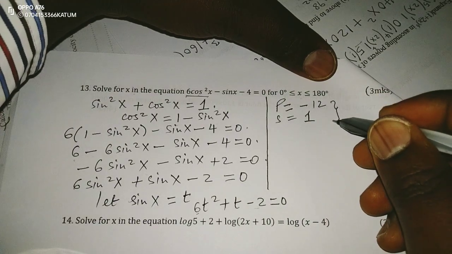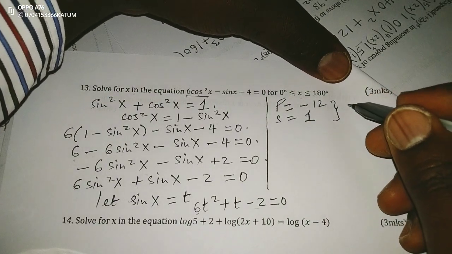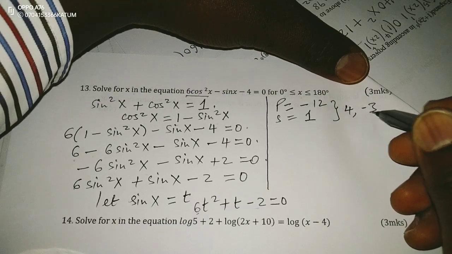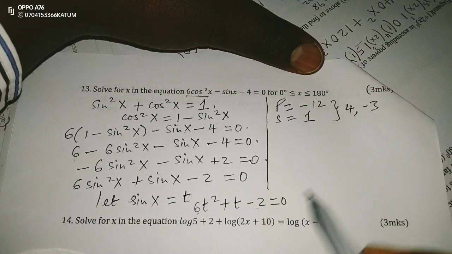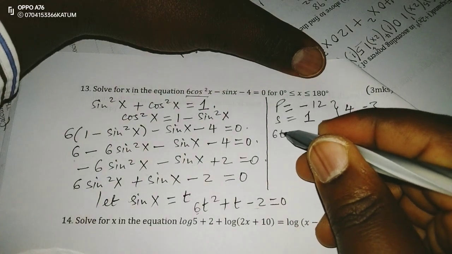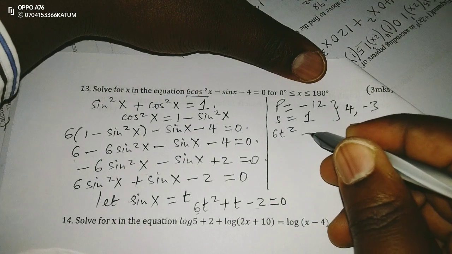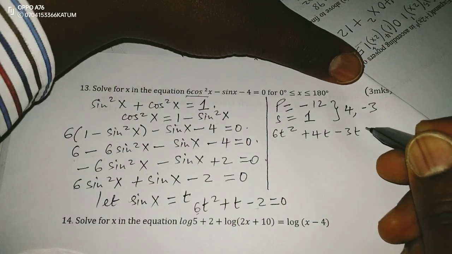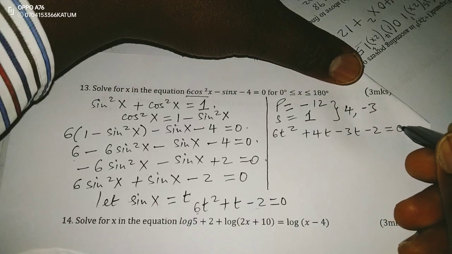Therefore, the two factors which when multiplied give us negative 12, and when added give positive 1, should be 4 and negative 3. So now we have 6t squared plus 4t minus 3t minus 2 equals 0.